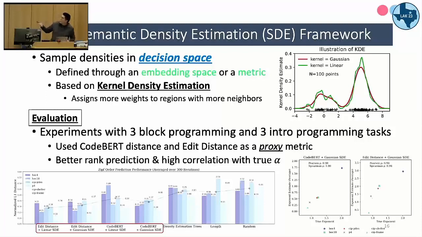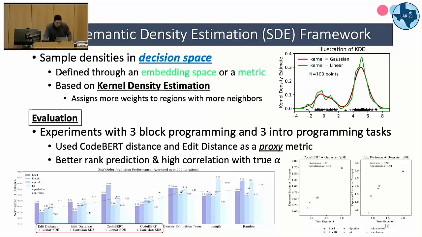Now, just to let you know, we don't really have a foundation model or foundation embedding for decision spaces, and I think having that as an educational community would accelerate research a lot. But since we don't have it, we had to rely on a proxy metric, and the two proxy metrics I tried were cosine distance in CodeBERT space and edit distance in this experiment.